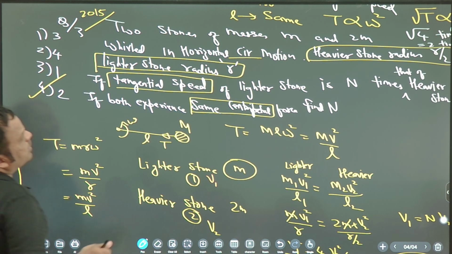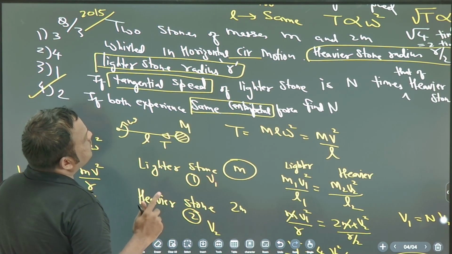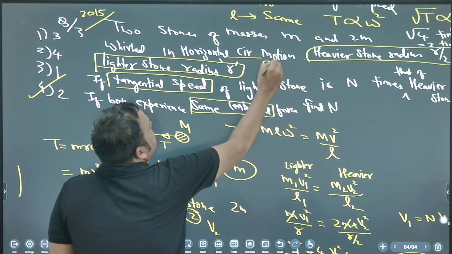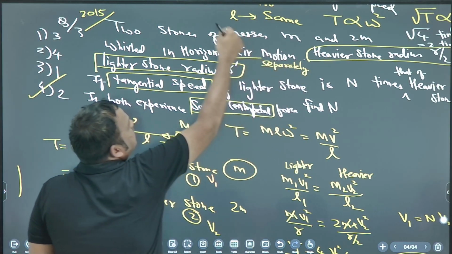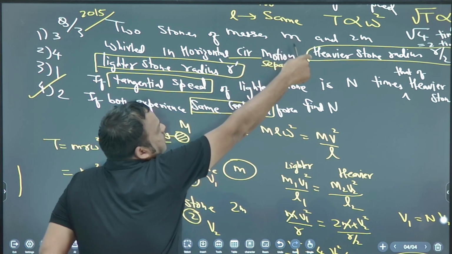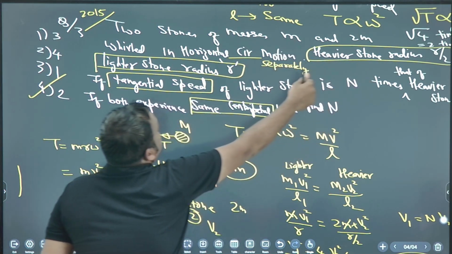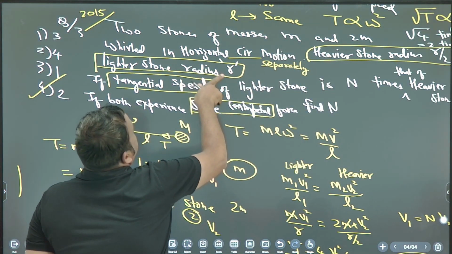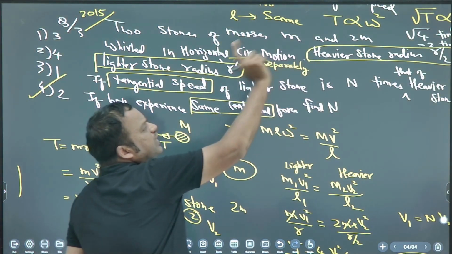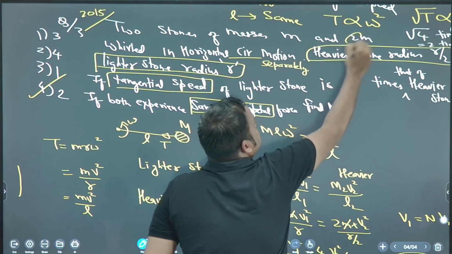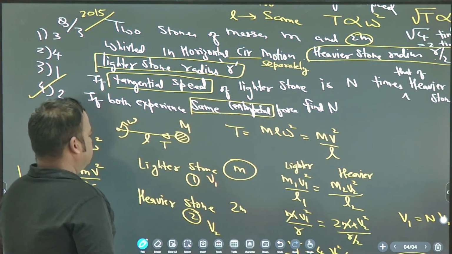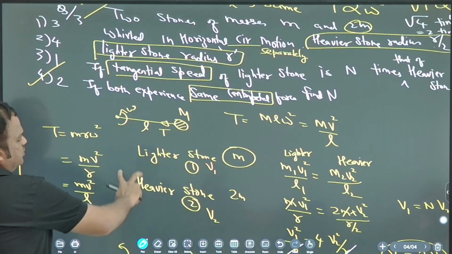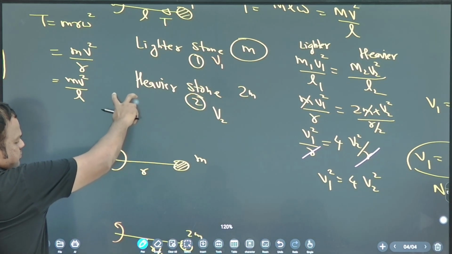Two stones of masses m and 2m are whirled in a horizontal circle separately. Okay, they are separate. One time you are performing the experiment with m and radius r. Second time you are doing the experiment with 2m and radius r by 2. You tell me.